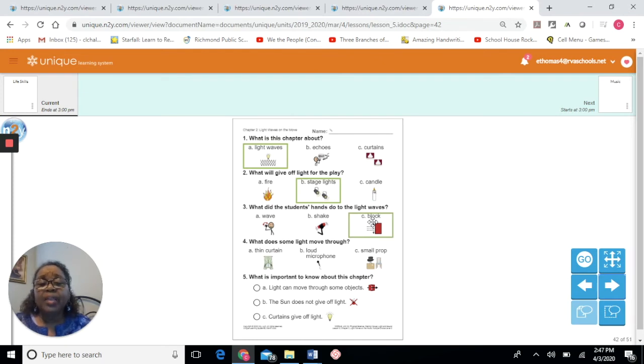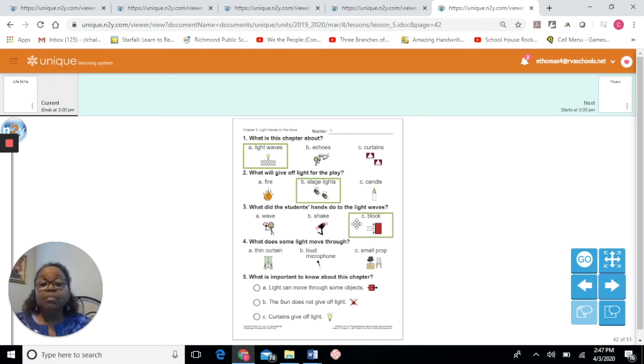What does sunlight move through? Does sunlight move through A, the thin curtain, B, the loud microphone, C, small prop? All right. Well, we could probably get rid of B, loud microphone, because we did not discuss that when we were reading the story. So let's slash B for that one.